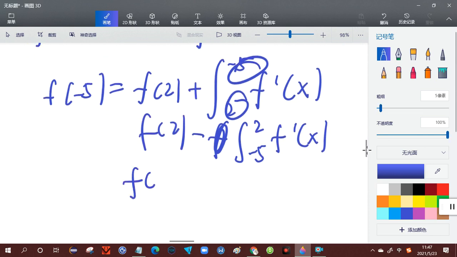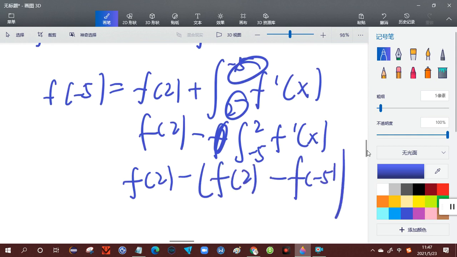So it is equal to, based on the fundamental theorem of calculus. Wait, but we don't need to do that. What we need to do is not this.